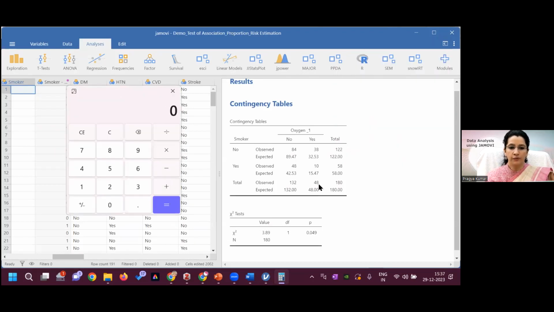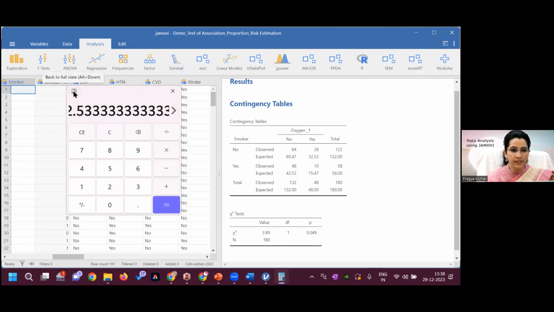So out of 180, 48 required. So in one, what will be there? 48 divided by 180. This is the proportion. Then you have to multiply this by 122, because in 122, how many will be there?